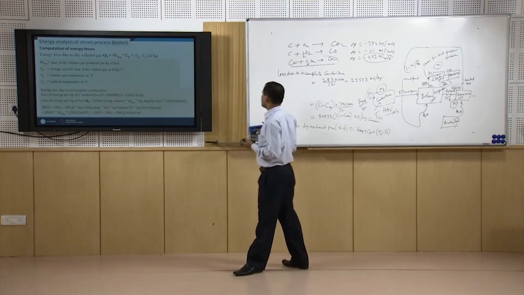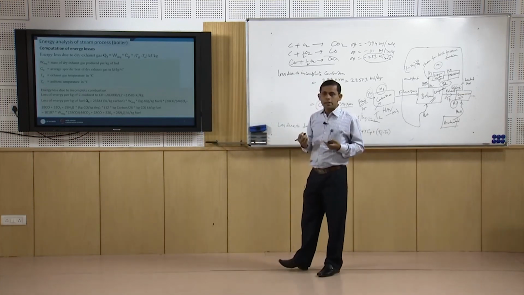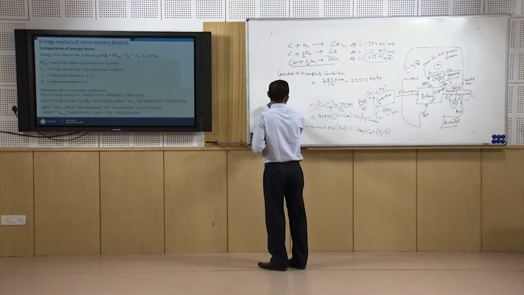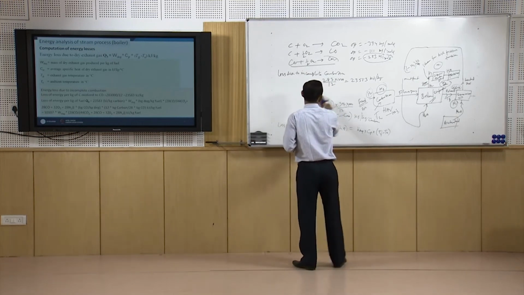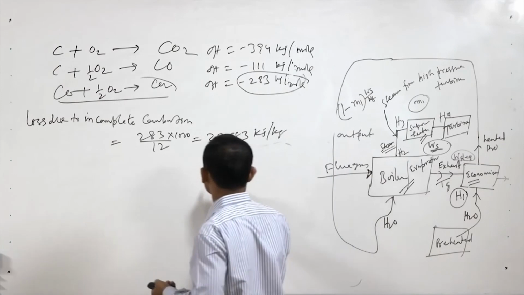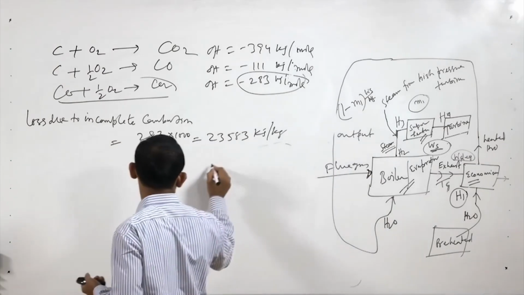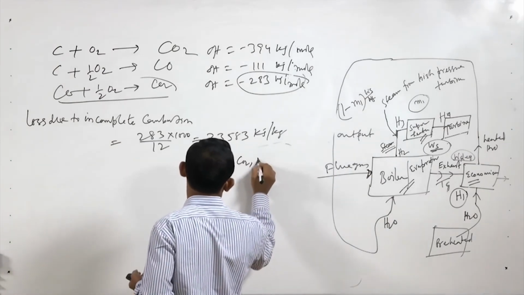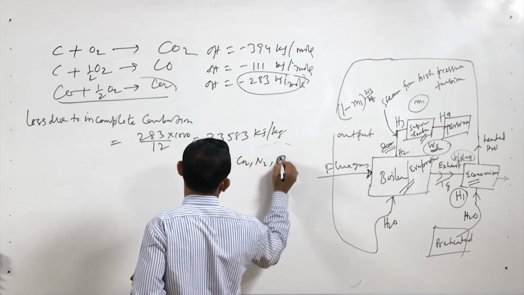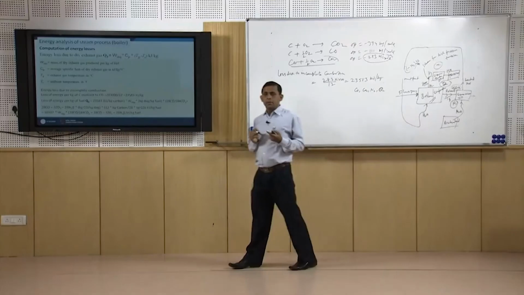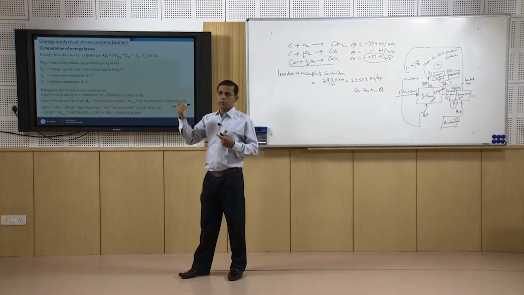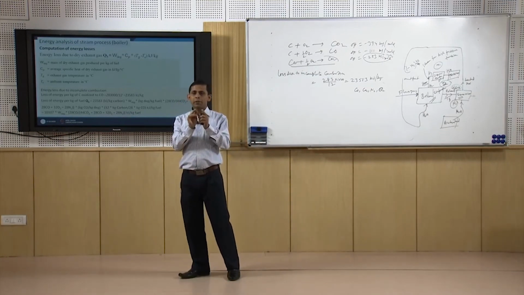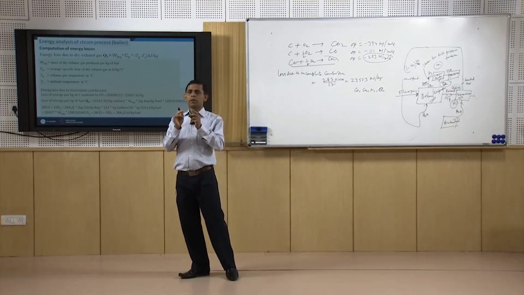Now, we have to convert in terms of kg fuel. This conversion can be done if we know the composition of the flue gas. It will have CO, CO2, nitrogen and O2. O2 will be available because in the previous modules we discussed that for complete combustion the O2 to fuel ratio should be higher.